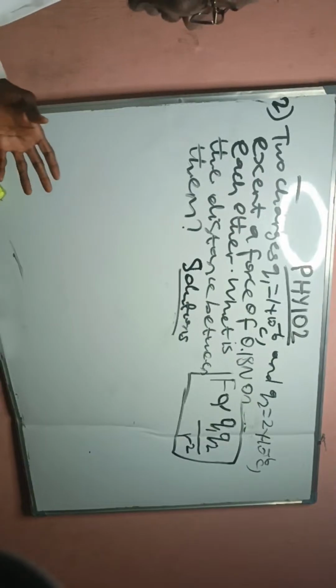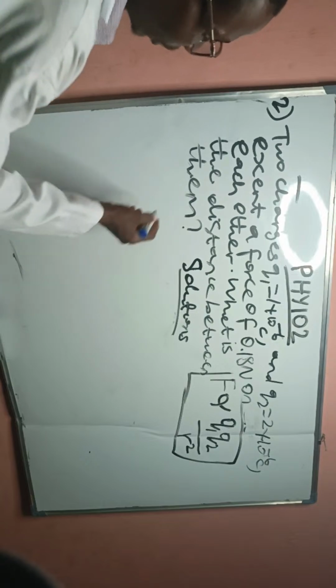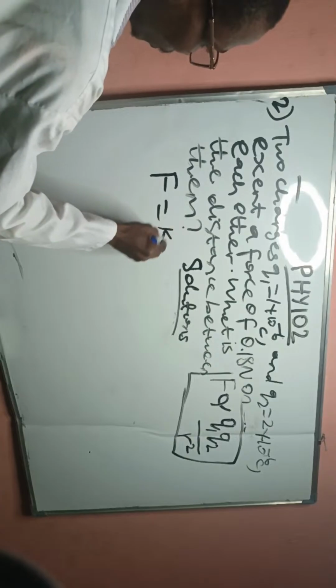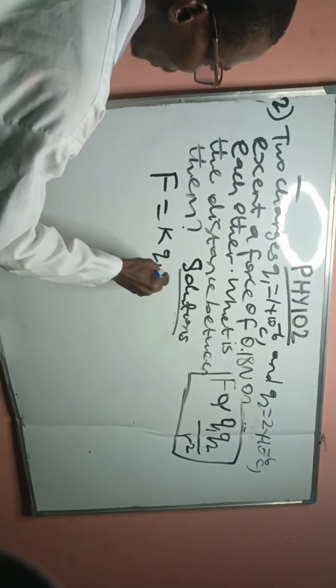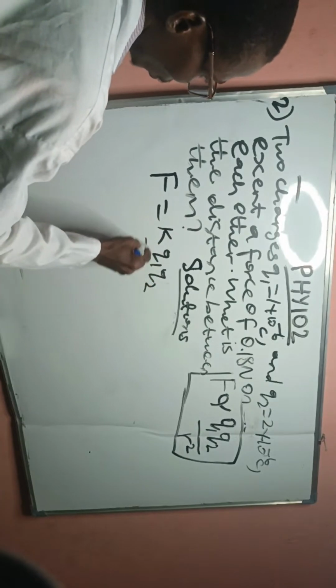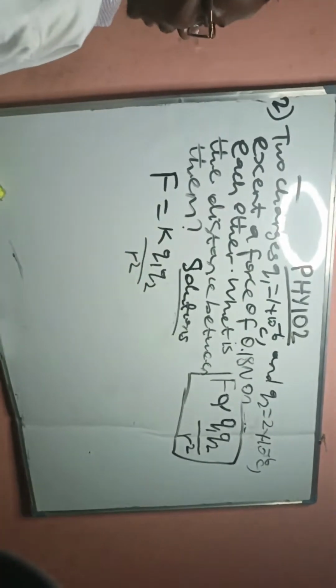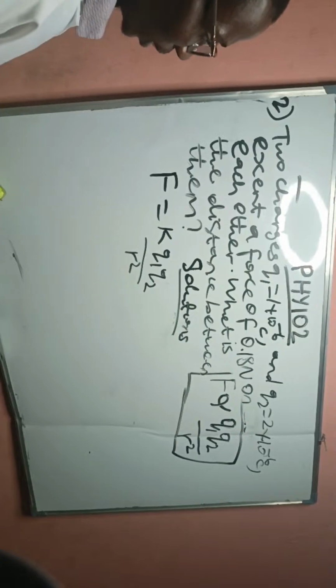Alright. Now from this question, we are still dealing with what? Coulomb's law. But here, we are being asked to look for distance. Since F is equal to K Q1 Q2 all over R squared, how can we make R squared the subject of the formula?